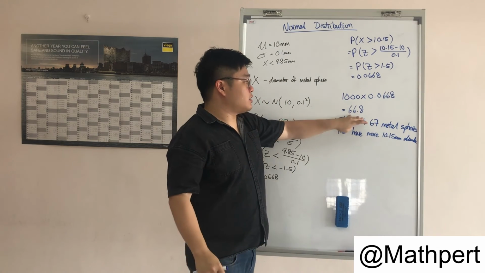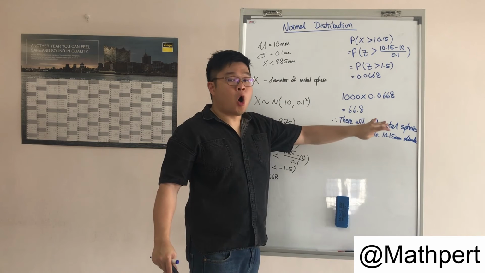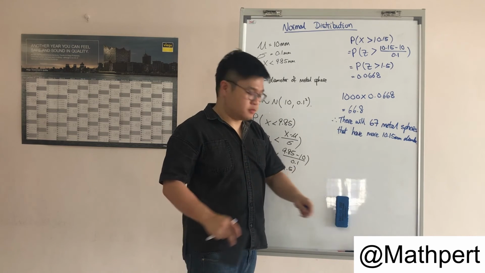Alright, we cannot put 66.8 because we have to get a whole number for metal spheres.